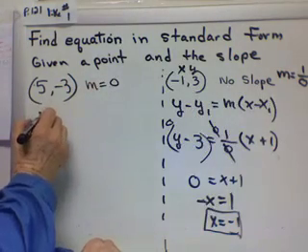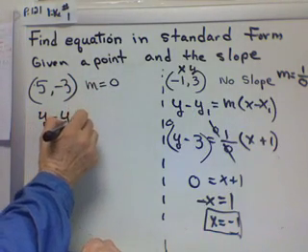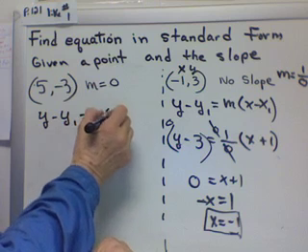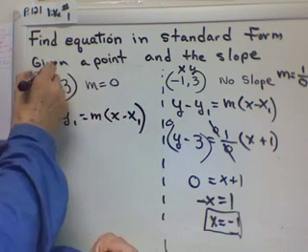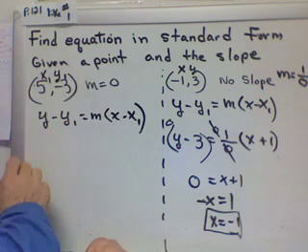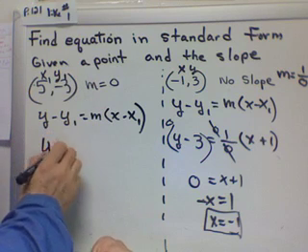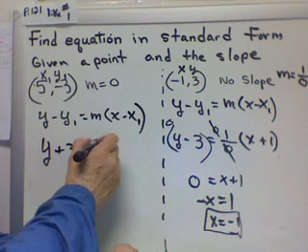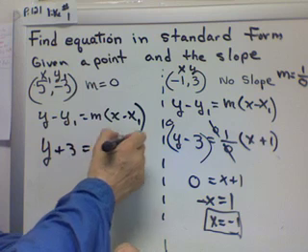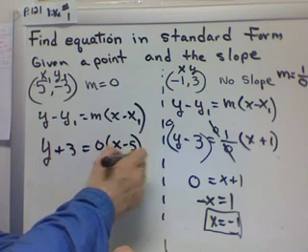So again, we're going to use our formula. y minus y1 equals m times x minus x1. So x1, y1. So y minus a minus 3, y plus 3 equals 0 times x minus 5.